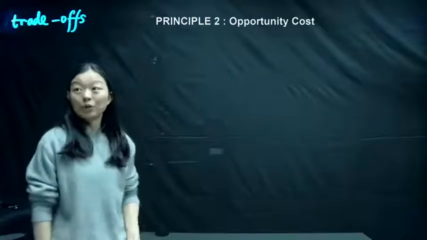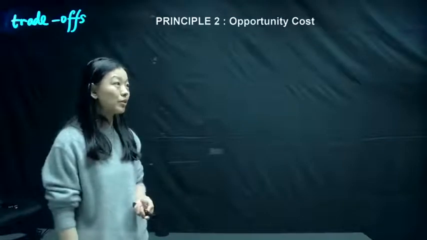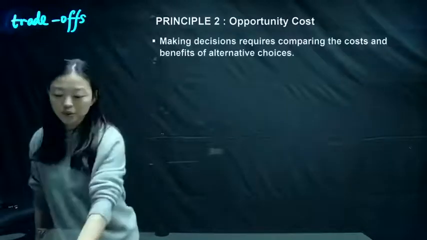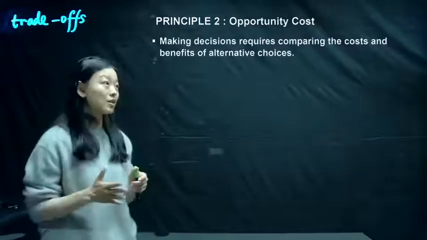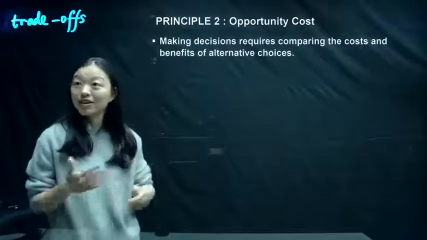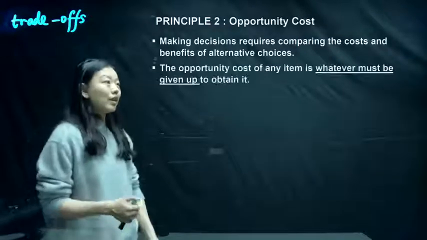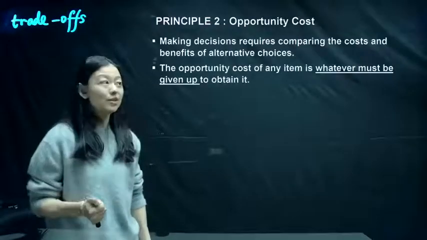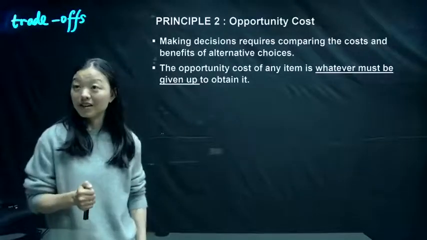For the second principle we would like to learn, it is opportunity cost. First, making decisions requires comparing the costs and benefits of different choices. The opportunity cost is whatever must be given up to obtain the item.